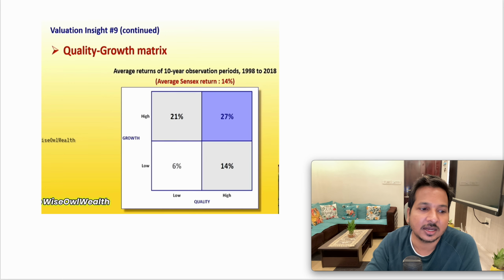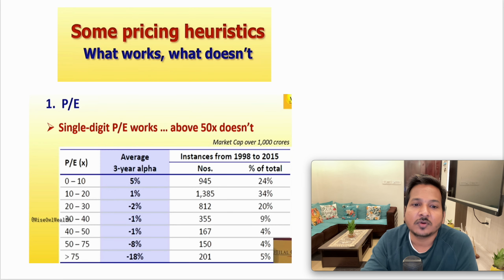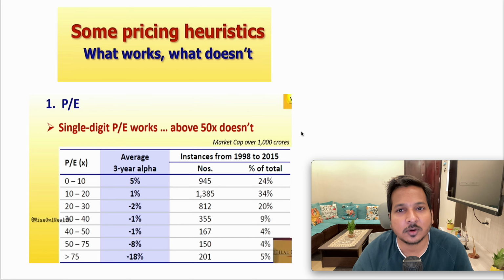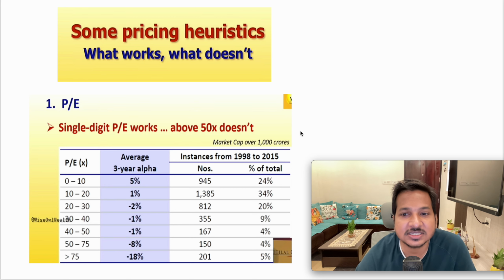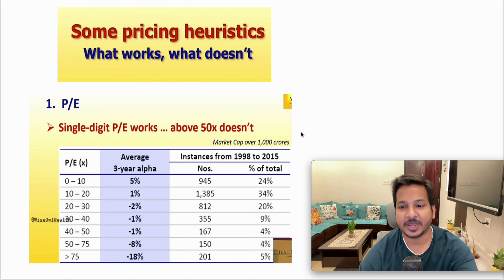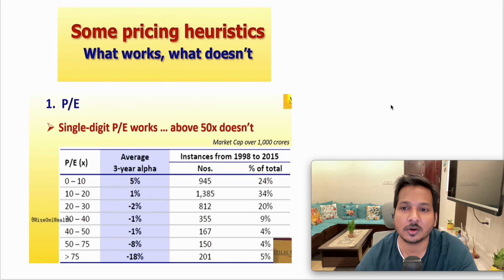Next, what we can learn: suppose you have found some company which has ROE and growth as you demanded, high ROE, high growth. Now how do I judge whether the price I am paying is correct or not? For that, some 5-6 parameters are there, and you can look for any one of them.